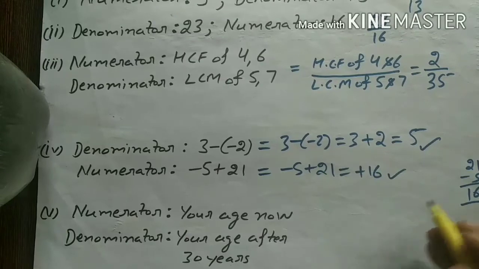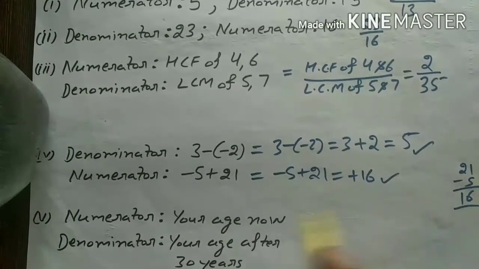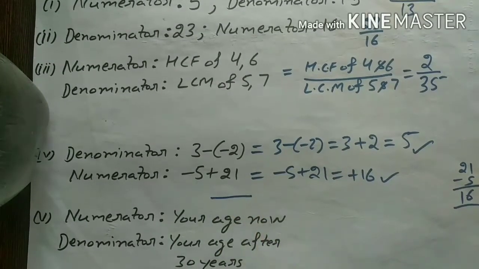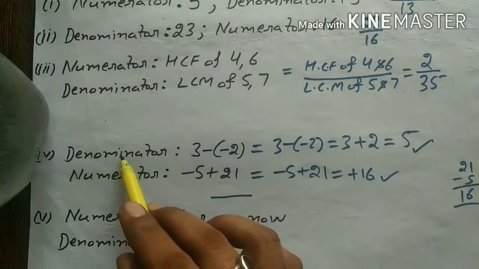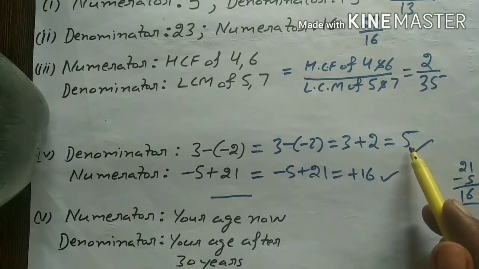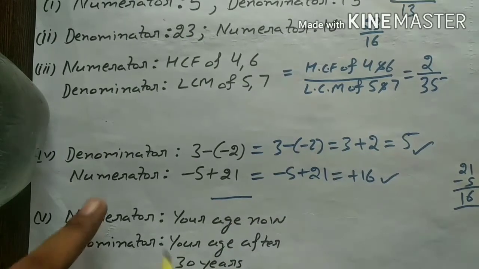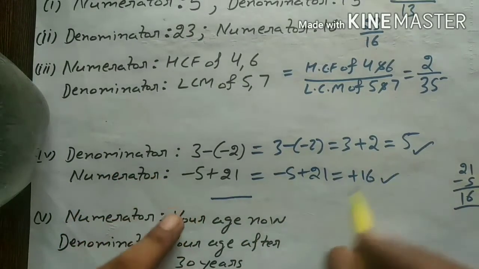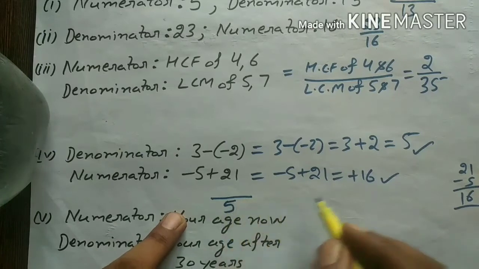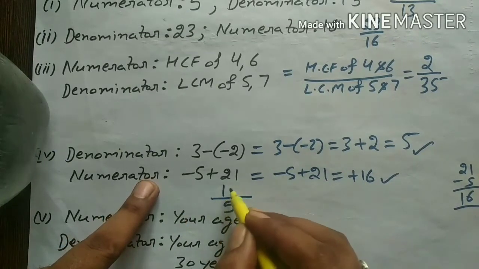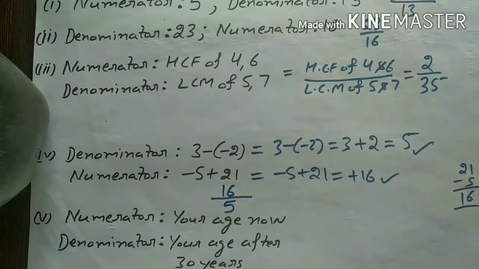Now you have to write the fraction. Here you see, what is the denominator? Denominator is 5, so I will write 5, and numerator is 16. Okay, so the answer is this.